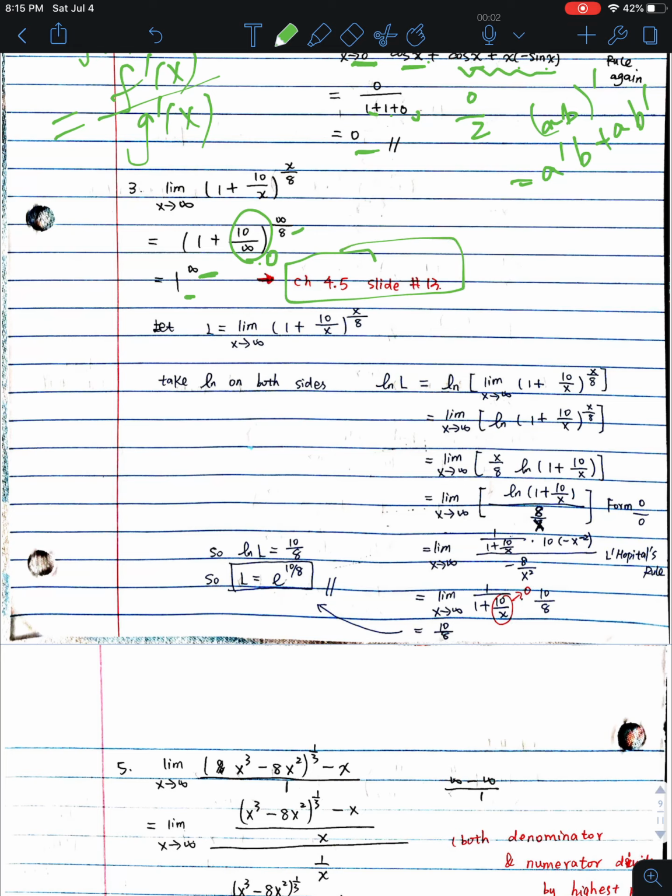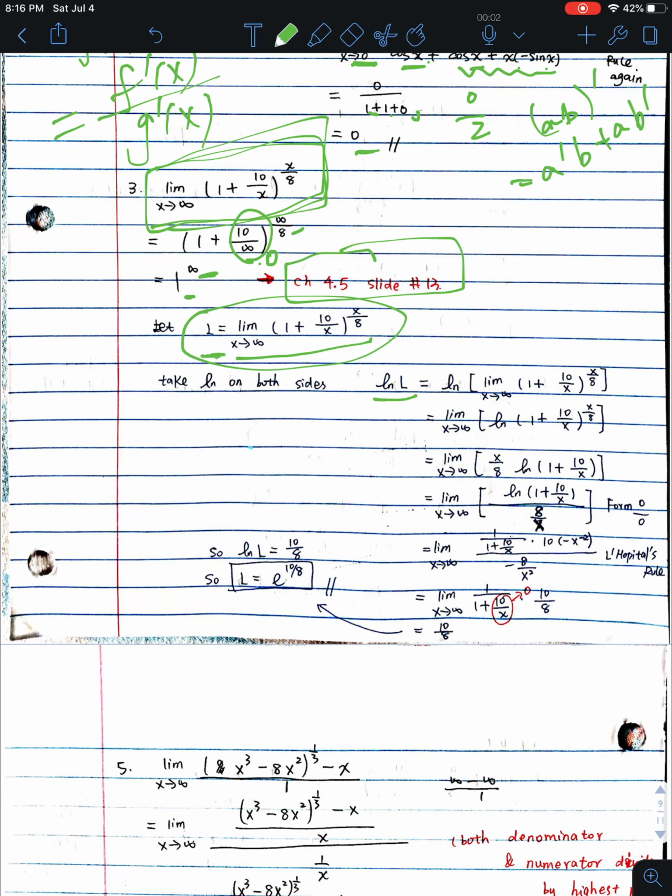So we should use knowledge from slide 13. We let L equal the function we are looking for. So L is equal to the limit. After we let L equal the term we are looking for, we can take the log on both sides.